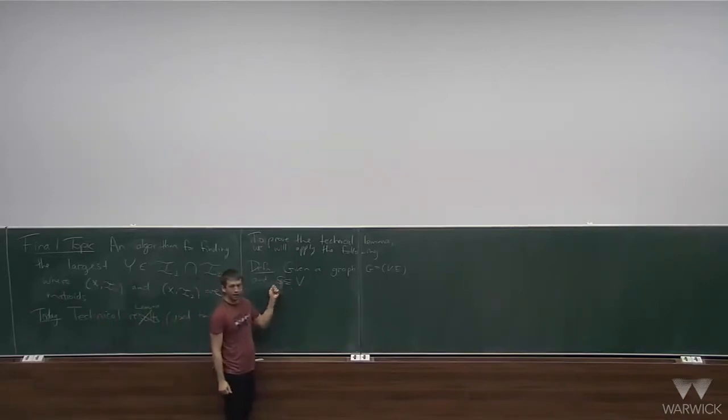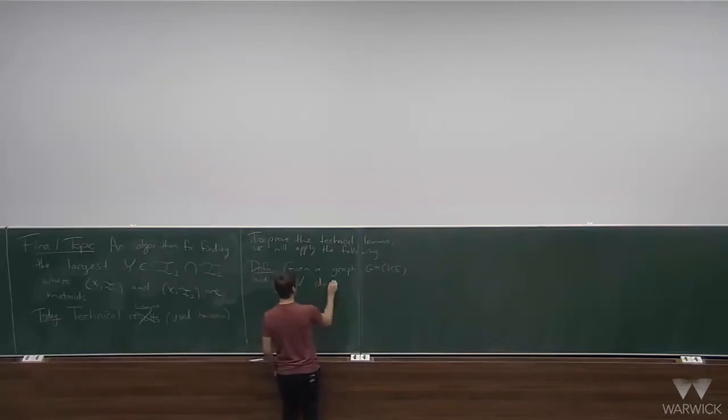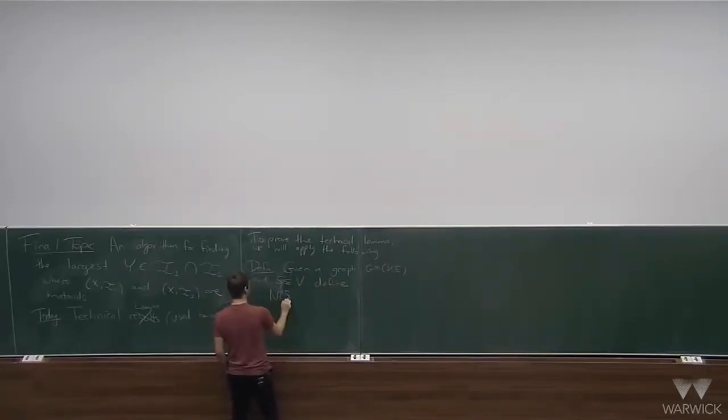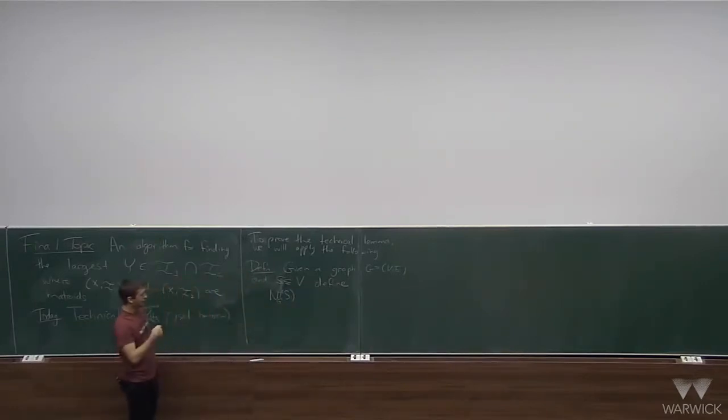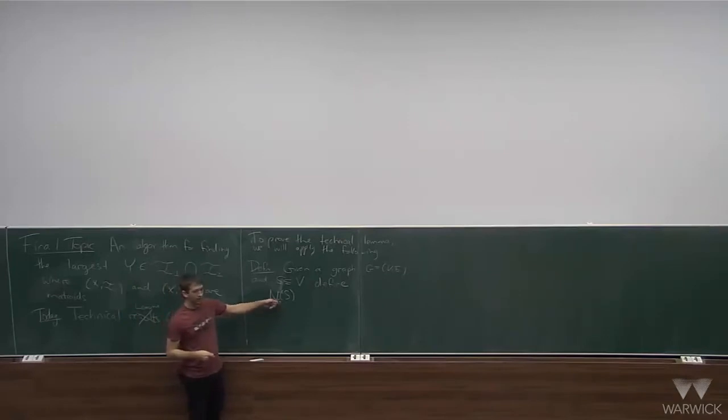So we can define the neighborhood of this set S to be the set of all vertices that have an edge going to S. So the notation I'll use is N sub G of S, because sometimes it's going to be important to remember which graph G we're talking about.